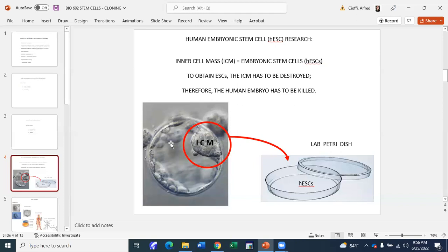We may, I don't know, I'm just talking intuitively here, we may in fact be able to pluck a blastomere of the trophoblast without significant impact to the overall integrity of the trophoblast.